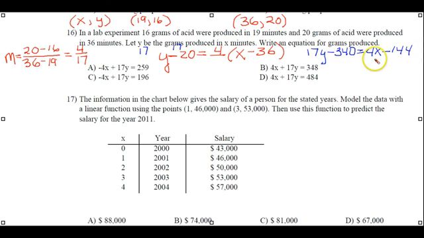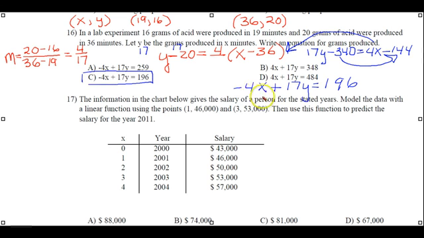As you probably imagine, I'm going to take this term, transpose it, this term, transpose it, add it, and I get negative 4x plus 17y equals 196, which is letter C.